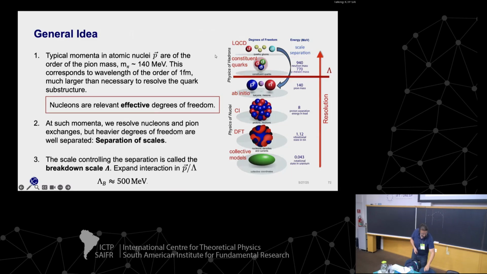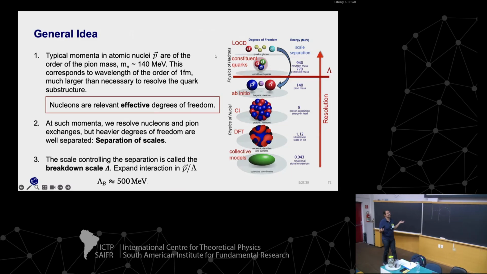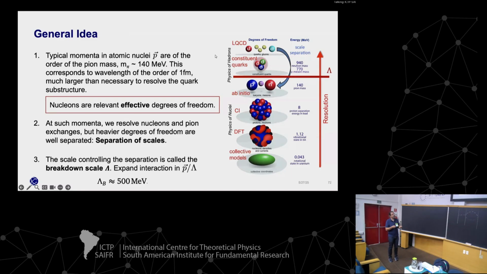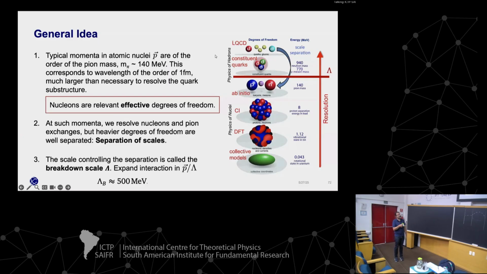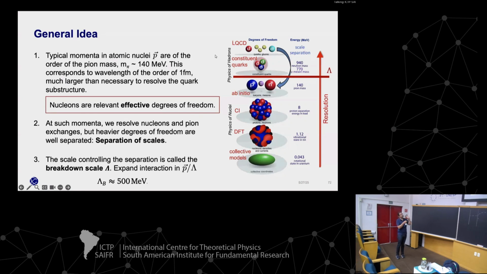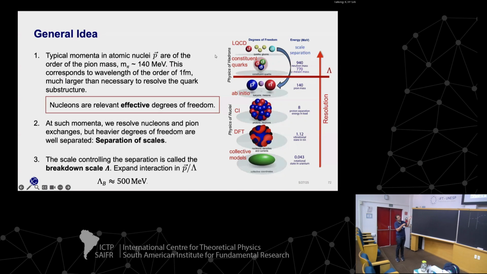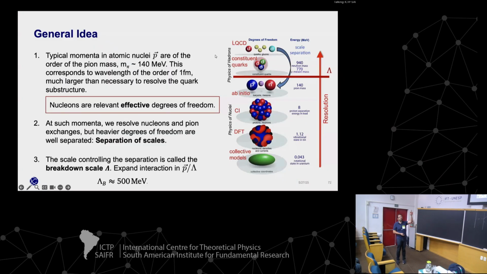The separation of scales is described by something that we call the breakdown scale. There is some scale somewhere in here, which we call lambda, the breakdown scale, which tells us that if we describe nuclei in terms of nucleons with their pion exchange interactions, at some point this theory will break down. At some point this is not enough, because if we increase the energy more and more, we would see quarks, right?